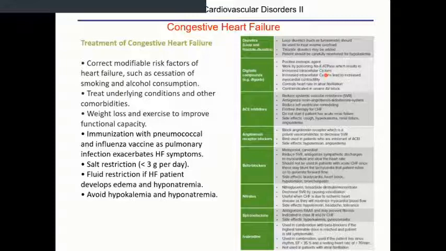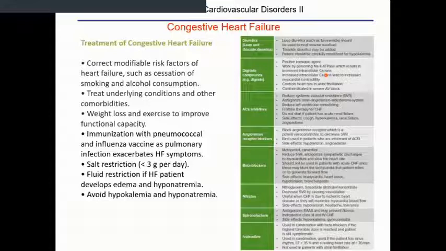Also, lifestyle changes like weight loss and exercise can improve functional capacity of the heart. Also, especially for elderly patients or for the immunocompromised, immunization with pneumococcal and influenza vaccine, as pulmonary infection will exacerbate your heart failure symptoms.